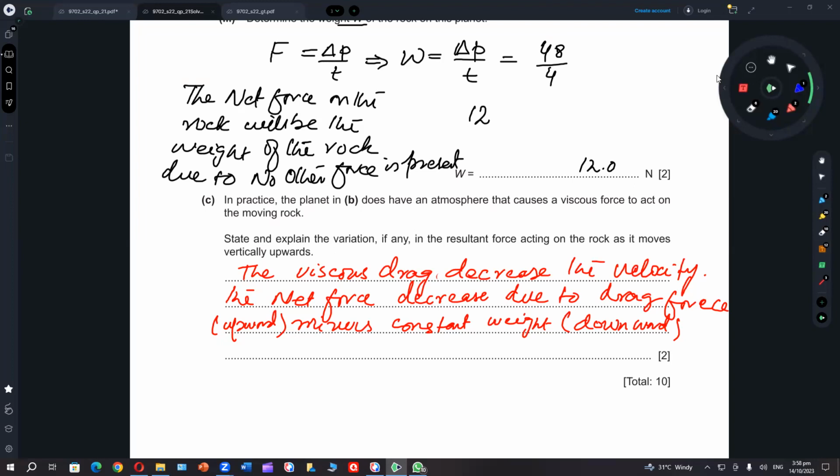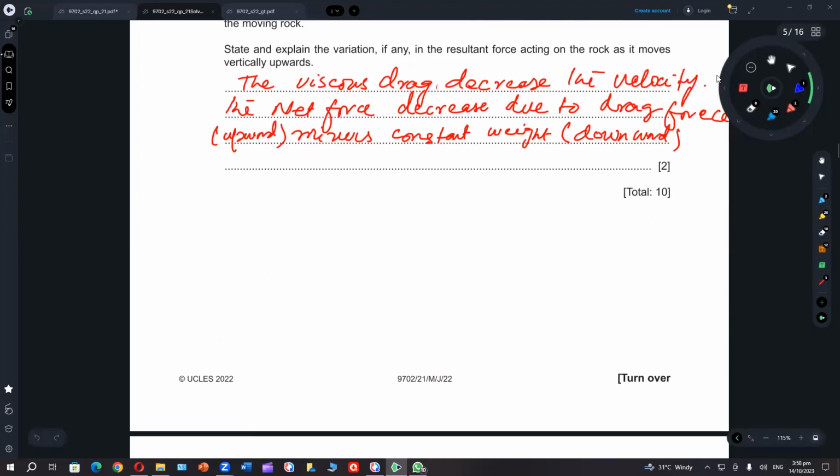If we recall our important famous theory, it is thrown upward. This is the object and this is the weight. This might be the driving force.